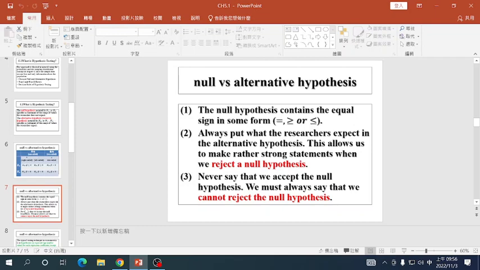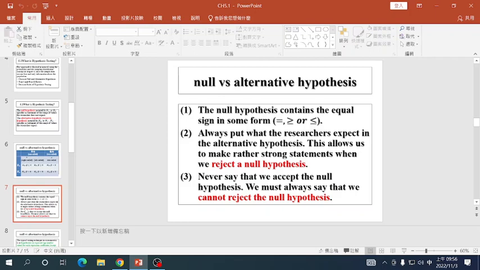Is this two terms same? Are these two terms the same?